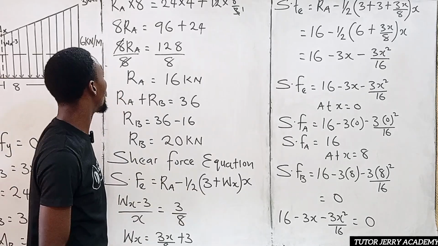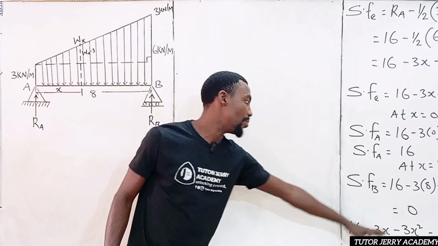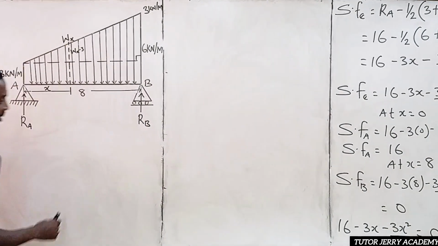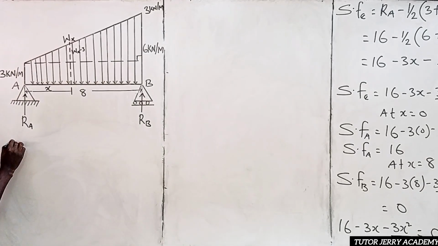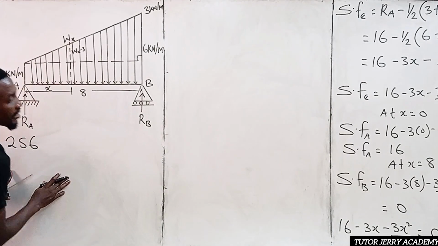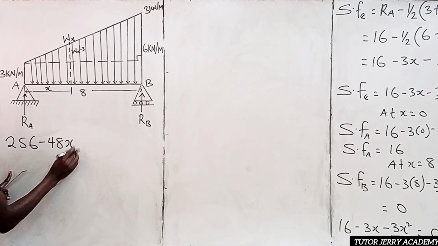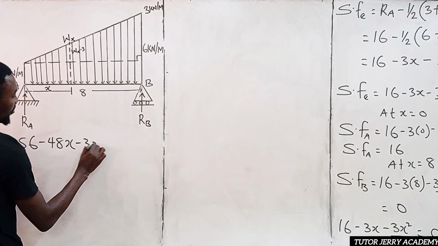So this will become a quadratic equation. So we are going to clean this part, then we'll continue. Right, so we are going to multiply both sides by 16. If we do that, 16 multiplied by 16 is 256. So we are going to have 256. Then 3 times 16, so we are going to have minus 48s. Then if we multiply that by 16, we are going to have minus 3s squared.